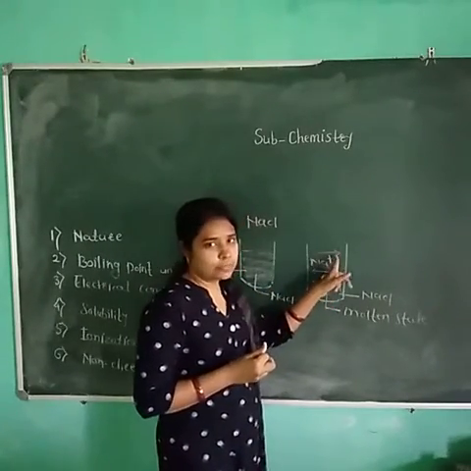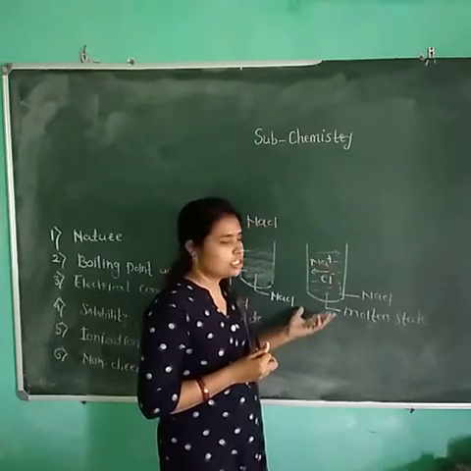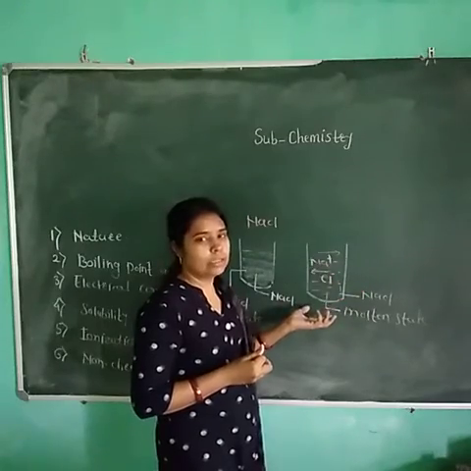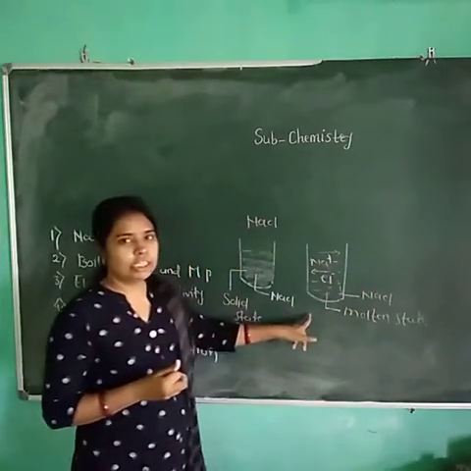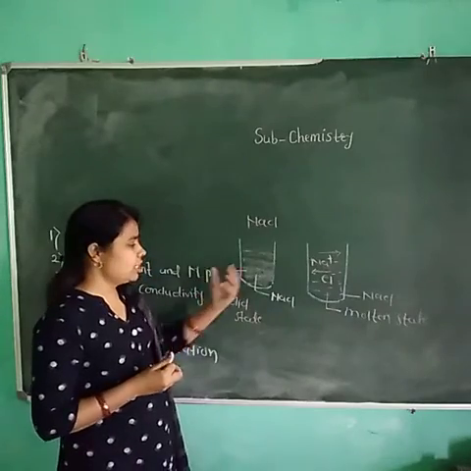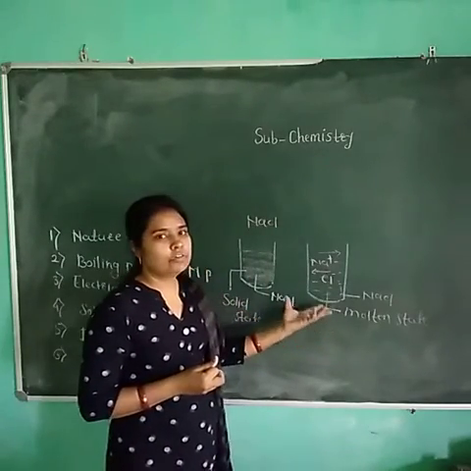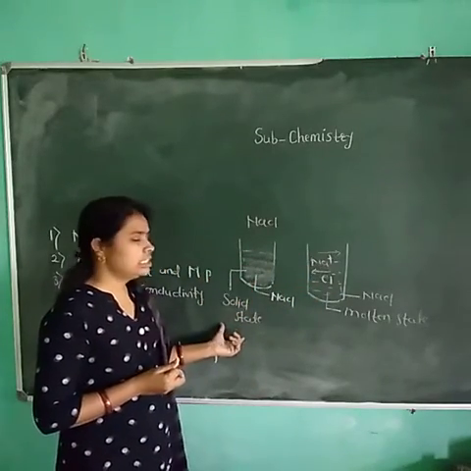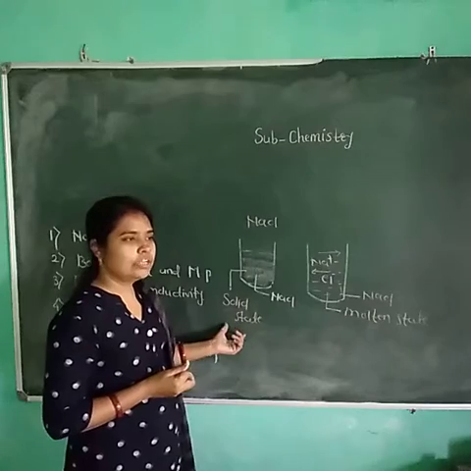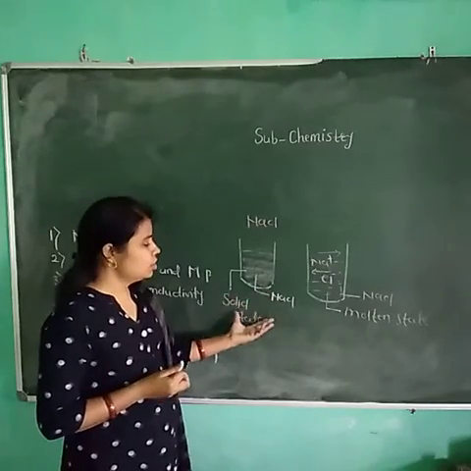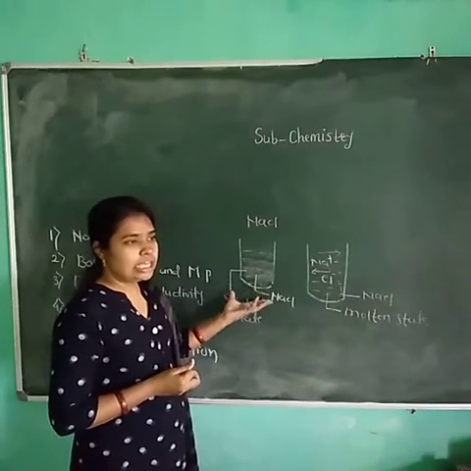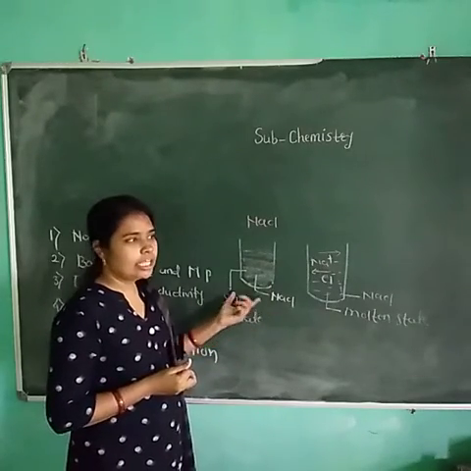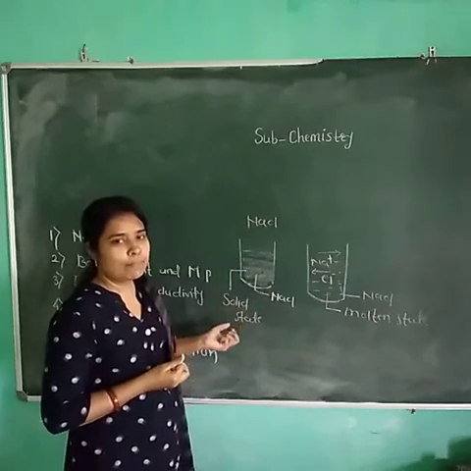Na+ cations and anions are free to move from one place to another, and they are randomly movable. So that's why the electrical conductivity in the molten state increases, and in the molten state the electrical conductivity of an ionic compound is very high. In the solid state of NaCl, the electrical conductivity is very low, negligible, because there is a strong force of attraction between the cations and anions, and they cannot move since they are compactly arranged.